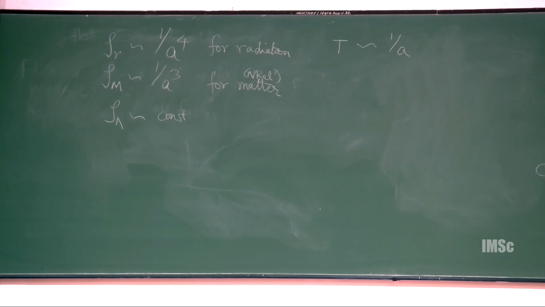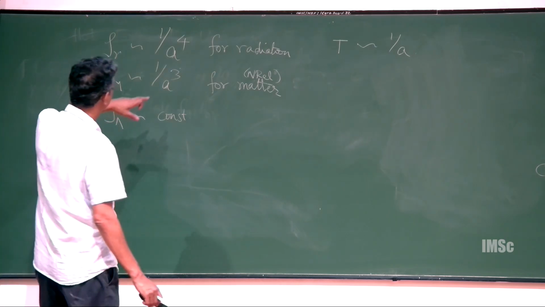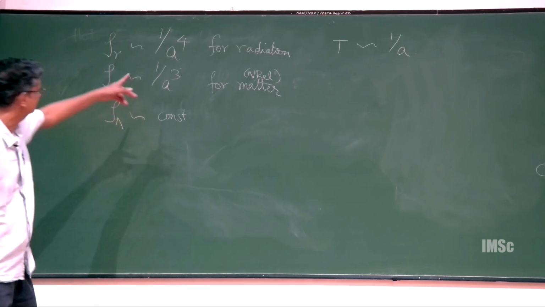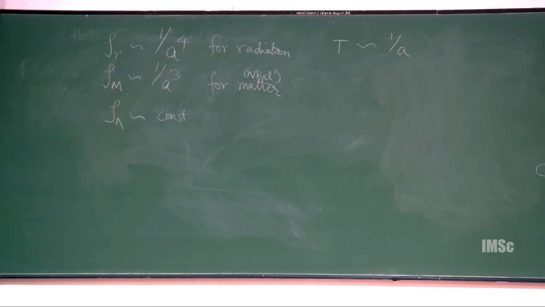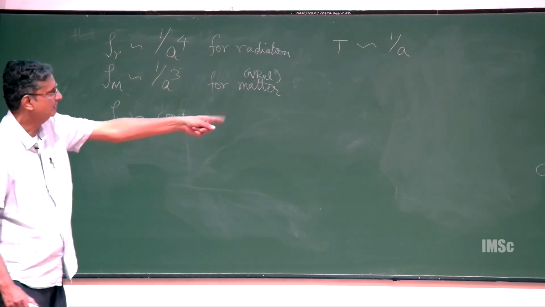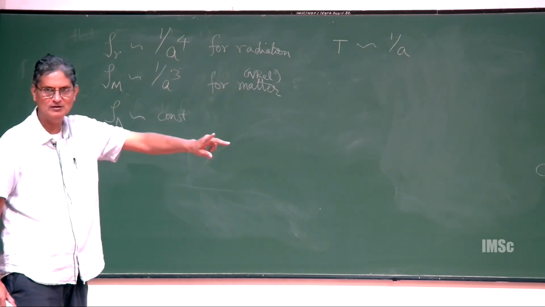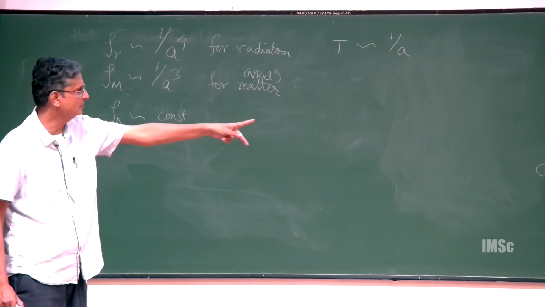Temperature is characterized by the relativistic matter. I forgot, somebody asked this question, you asked, sorry. So for radiation, this is true that there is some wavelength. For non-relativistic matter, I will not think about it like that.